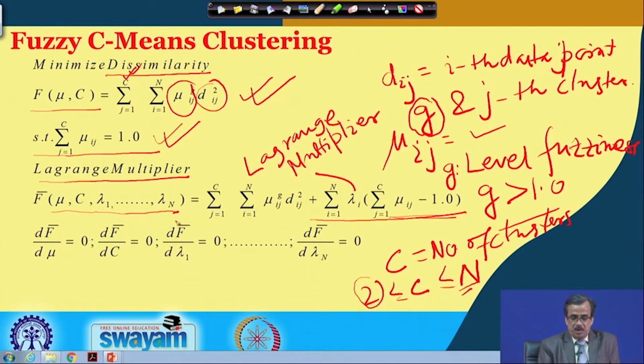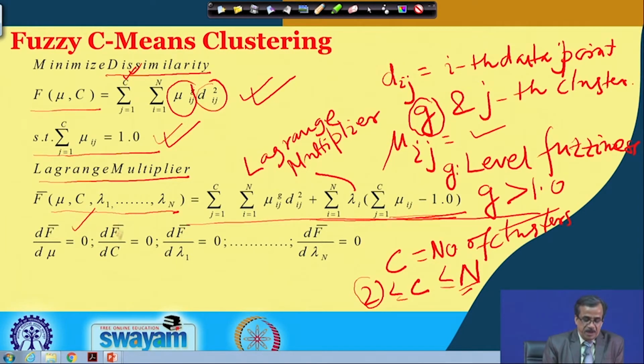Now, I have got only one big expression for this objective function, and I will have to solve it using the method of calculus. Now, what we do is we try to find the derivative of f bar with respect to mu, the total derivative, and put it equal to 0.